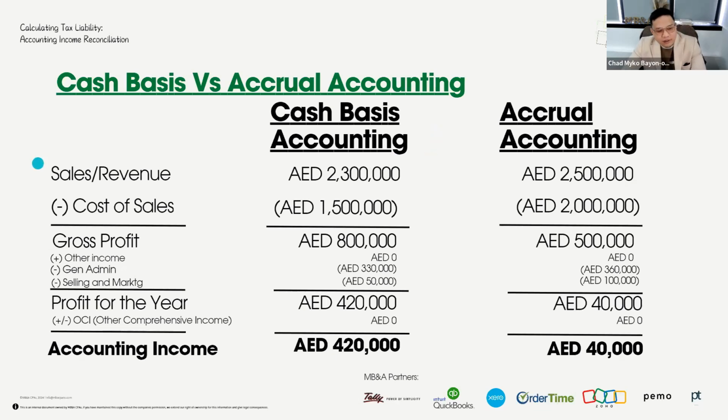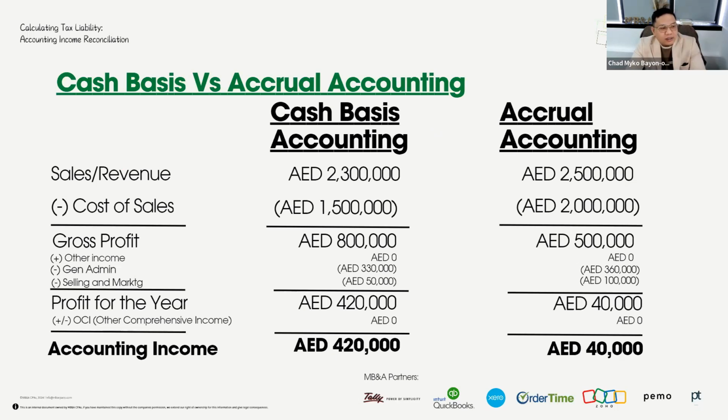Now let's see if you're listening to our discussion. Let's go and launch another trivia. So let's see if this statement is true or false. An example of exceptional circumstances and a reason to be permitted to use the cash basis accounting could be where the taxable person expects to exceed the 3 million threshold for only one tax period.